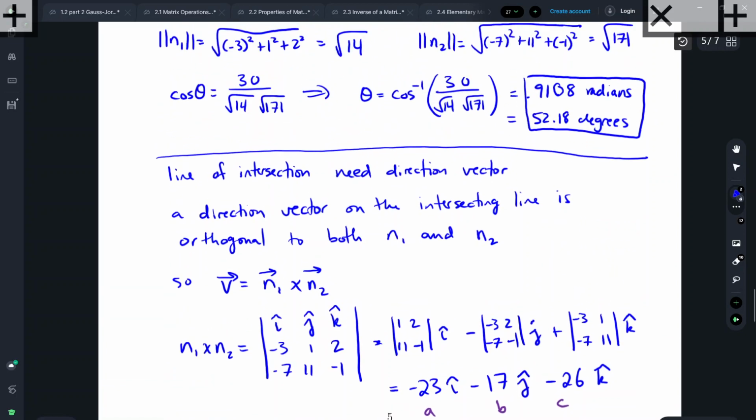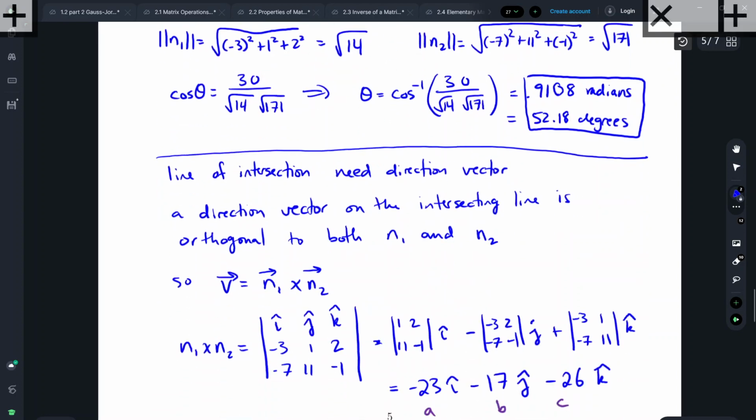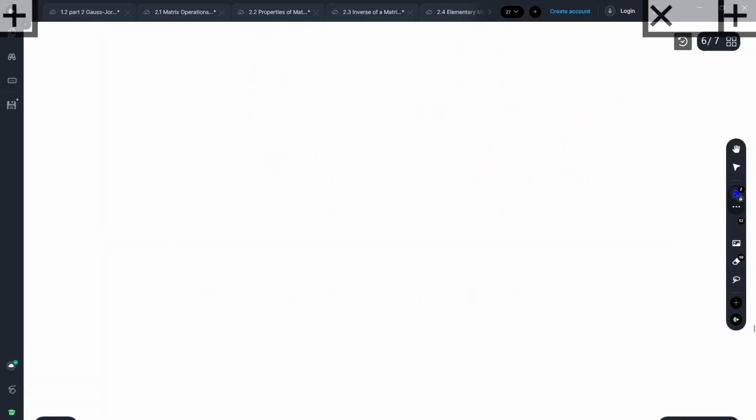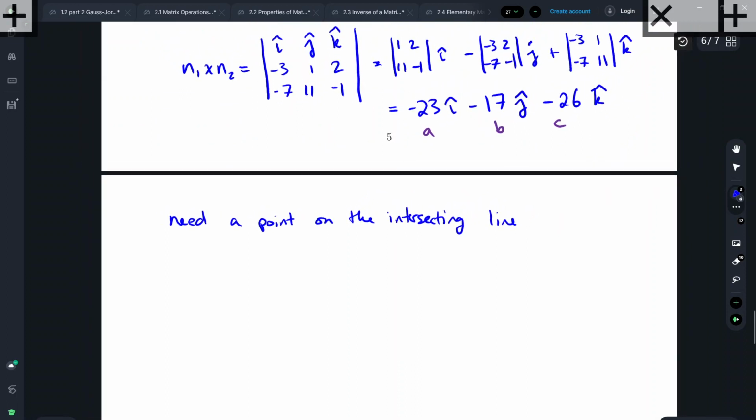The point on the line should satisfy both equations for the plane, right? Whoops, it accidentally zoomed in. So the point x1, y1, z1 satisfies both equations.